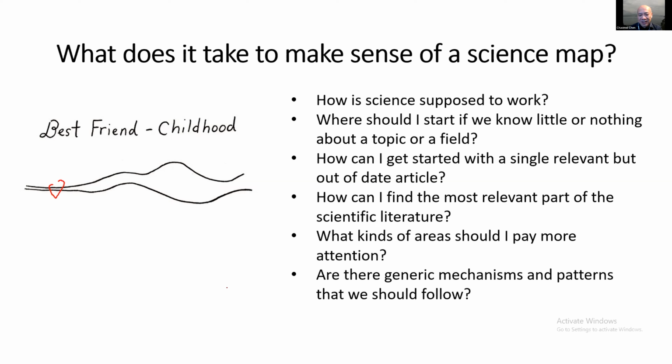Finally, the last question: are there any generic mechanisms and patterns that are repeatable, that we expect to see again and again, that will make this whole thing feasible? That's like the childhood friendship chart, which summarizes so many relationships, so many people. By losing all the details but retaining all the defining characteristics, we are able to communicate patterns like that very clearly.